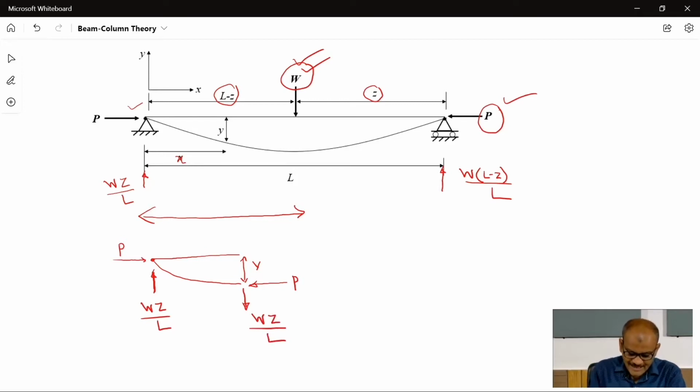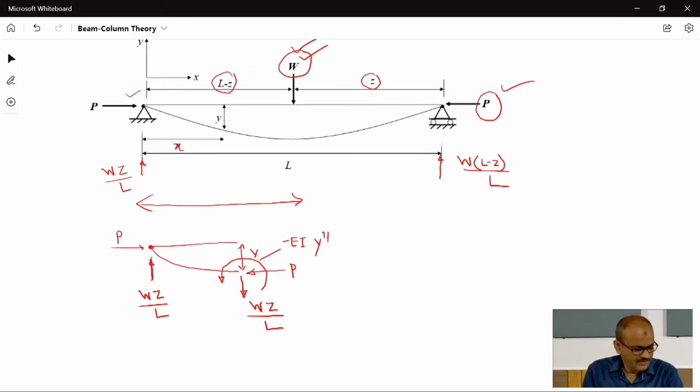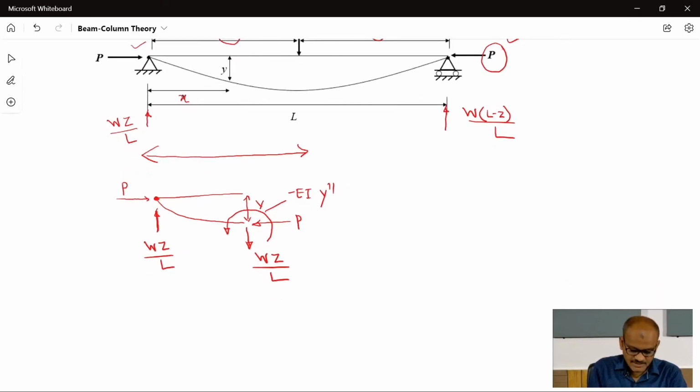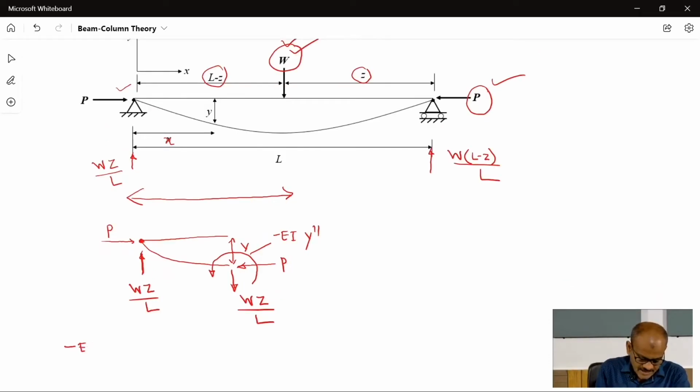Then, one more thing left, the moment. The moment is minus EI into y double dash. If we take the moment about this point and write the equilibrium equation, this becomes minus EI into d square y by dx square.